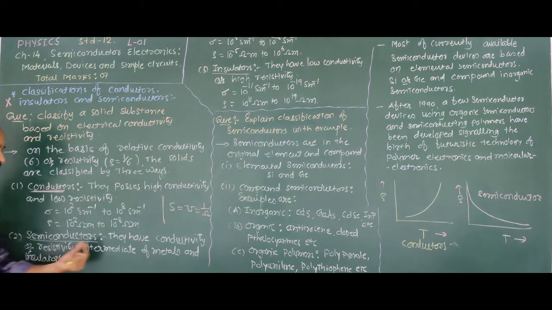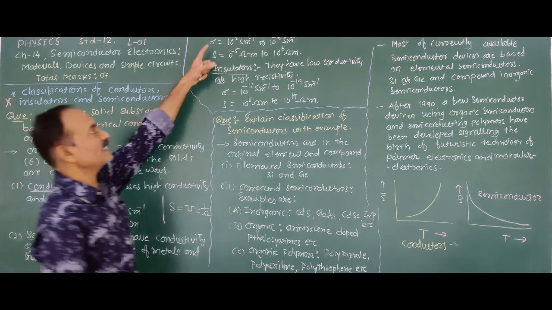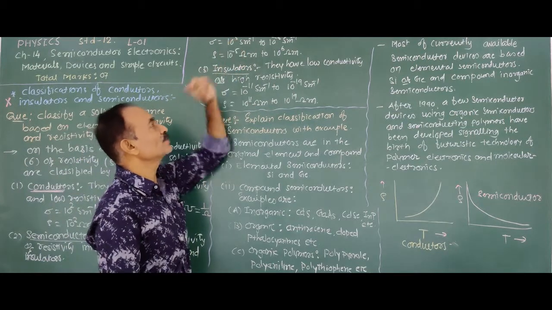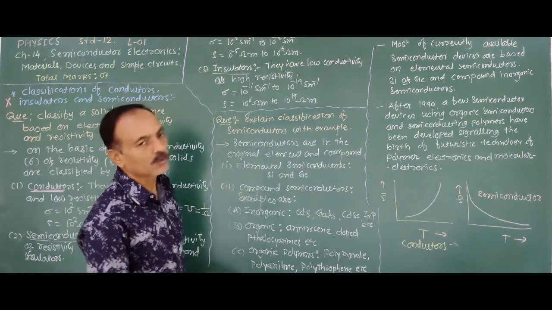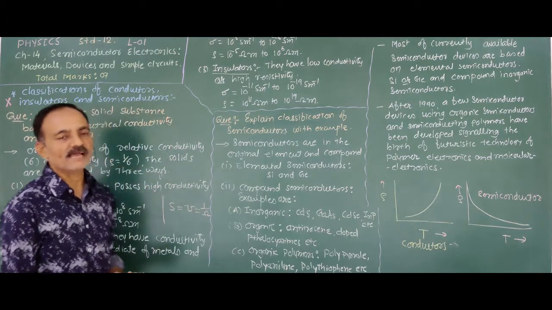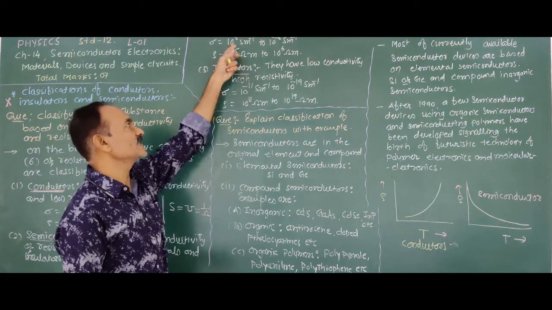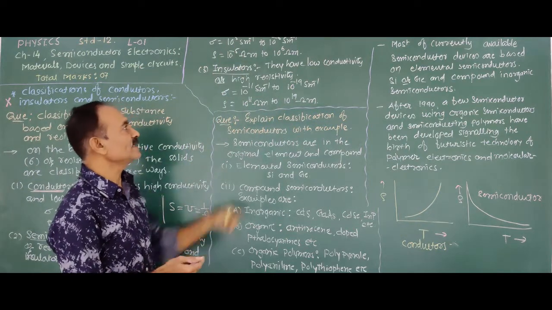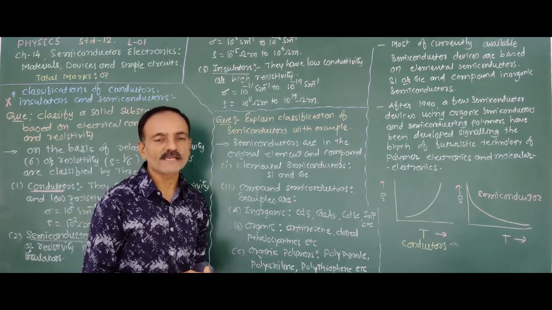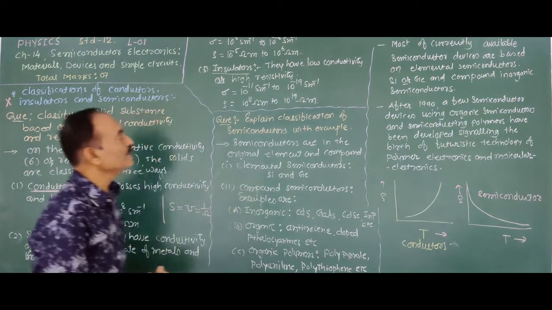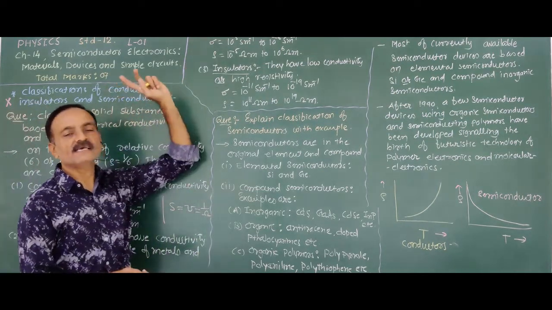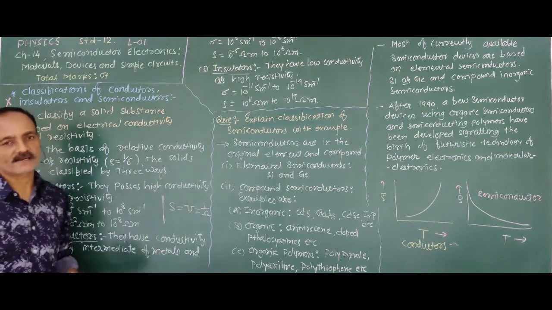Again, the semiconductor has conductivity or resistivity intermediate between metals or conductors and insulators. The value of conductivity for a semiconductor is 10^5 Siemens per meter to 10^-6 Siemens per meter, while the resistivity is 10^-5 ohm meter to 10^-6 ohm meter. These are the values of conductivity and resistivity for a semiconductor.